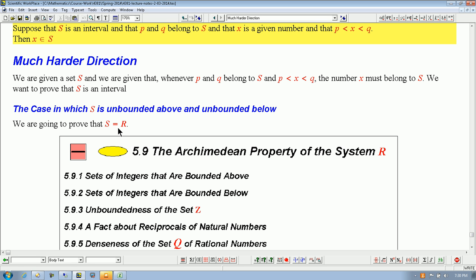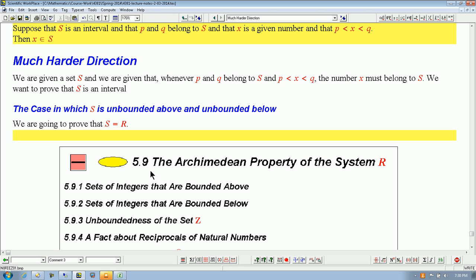What must you do to prove that S is the set of all real numbers? To prove that S is not just any old set of real numbers, but the set of all real numbers, you've got to prove that every number belongs to S. What must you do?